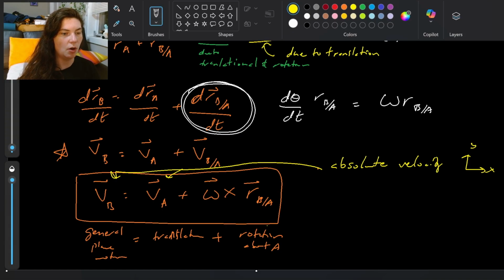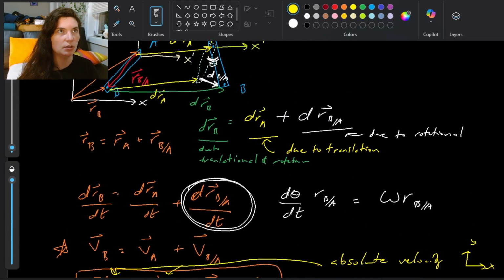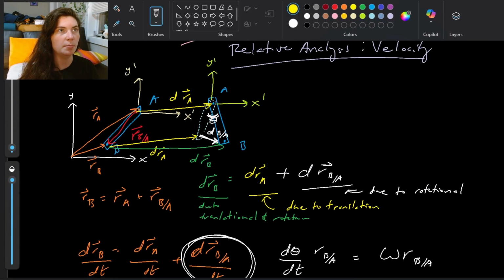Then we have our omega, and this is the way that the bar appears to be rotating about the Z prime axis. Right, so we have this bar up here, and I'm running out of colors that are going to stand out against each other here. But if we think of A as where our Z-axis is pointing out of the screen at you, which way is the bar rotating around point A?